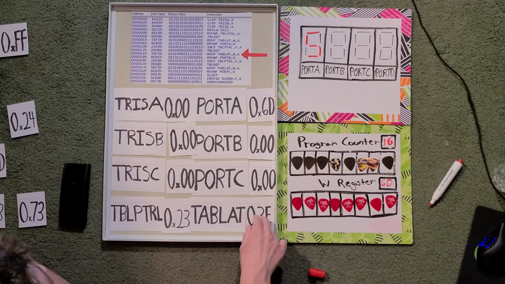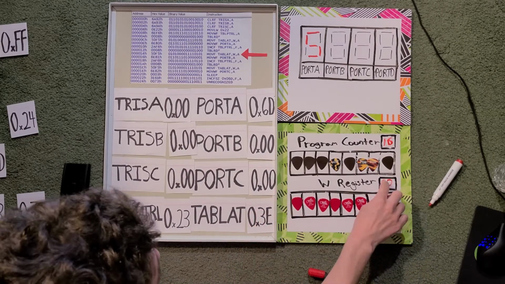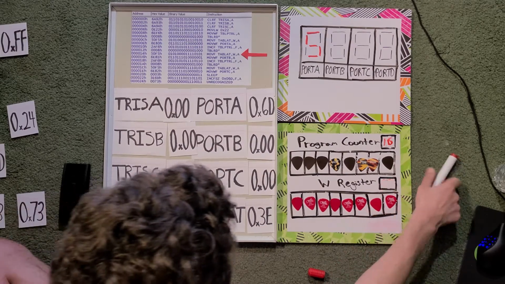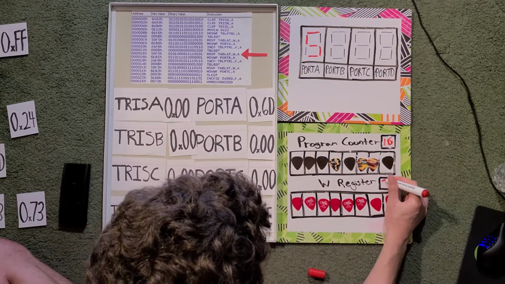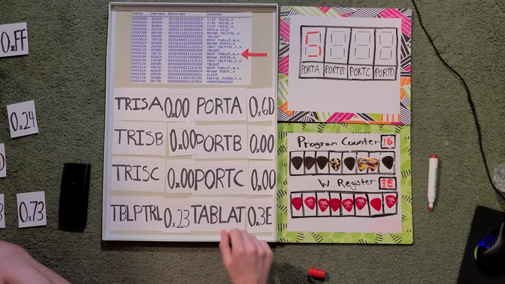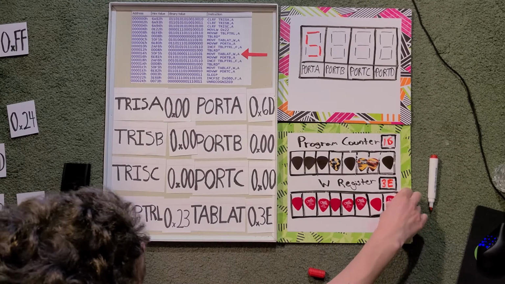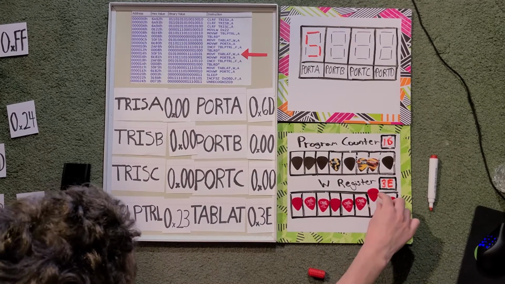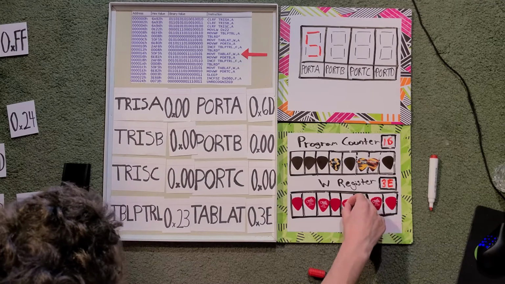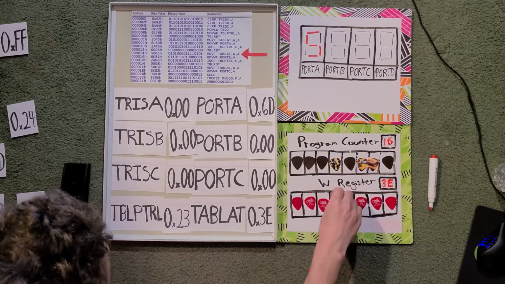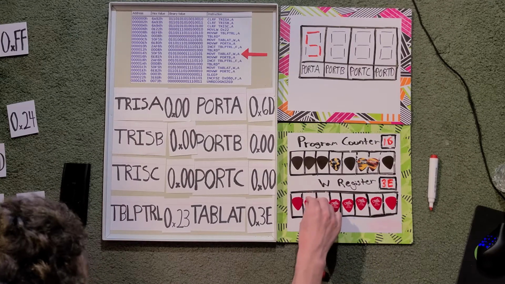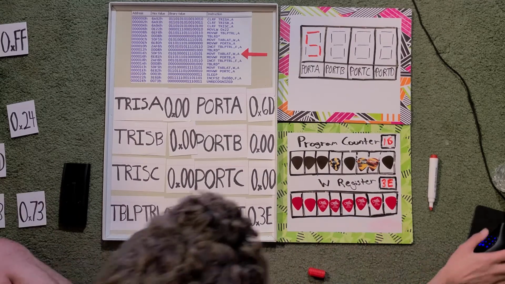And we're going to move 3E to the W register. 3E has 0, 1, 1, 1, 1, 1, 0, 0.